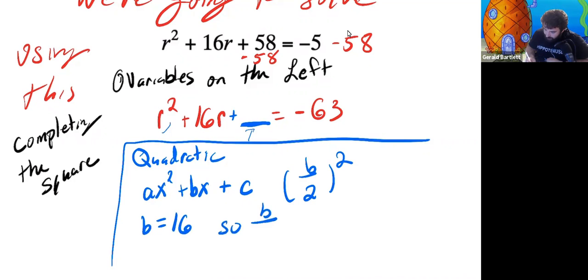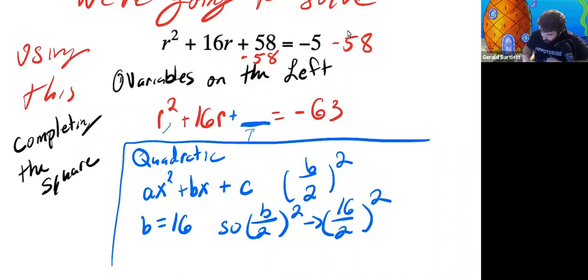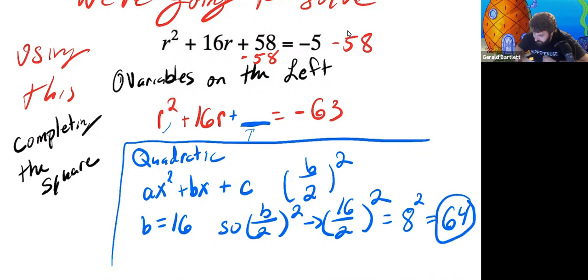So our b divided by 2 squared would be 16 divided by 2 squared. Do both those steps in correct order. 16 divided by 2 is 8. 8 squared is 64. So this guy is going to be C.